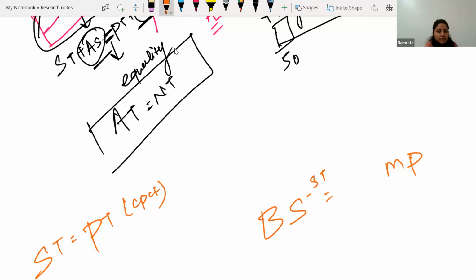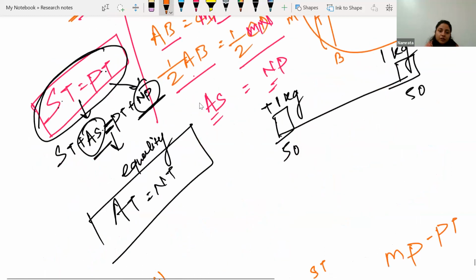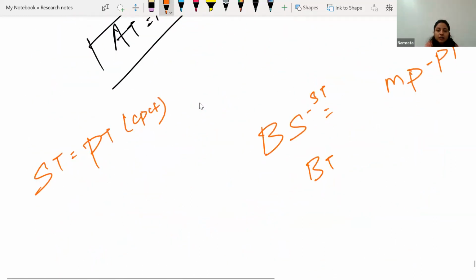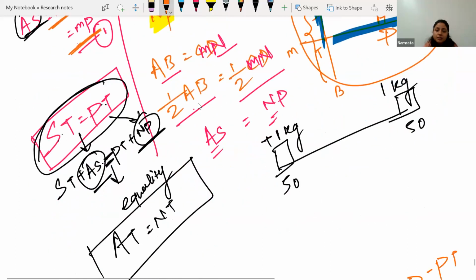BS minus ST is equal to MP minus PT. You can see BS minus ST over here. BS complete minus ST is nothing but just BT. Here we will have BT and here we will have MP minus PT. That means MT.